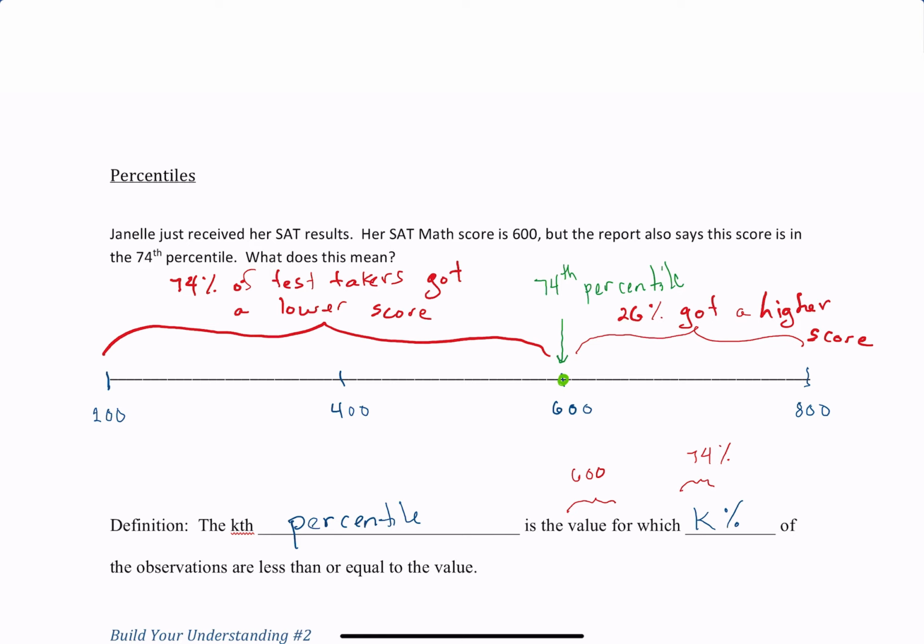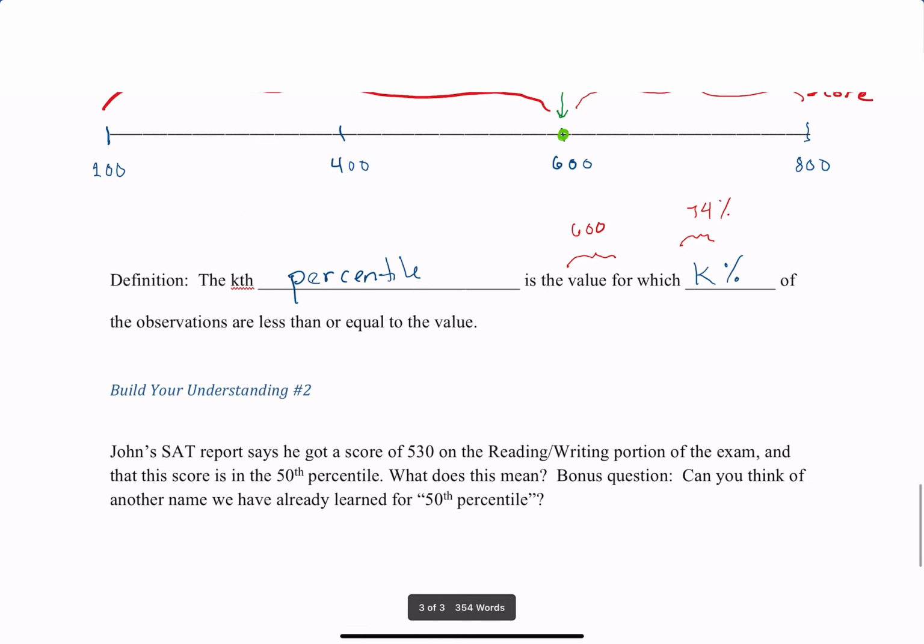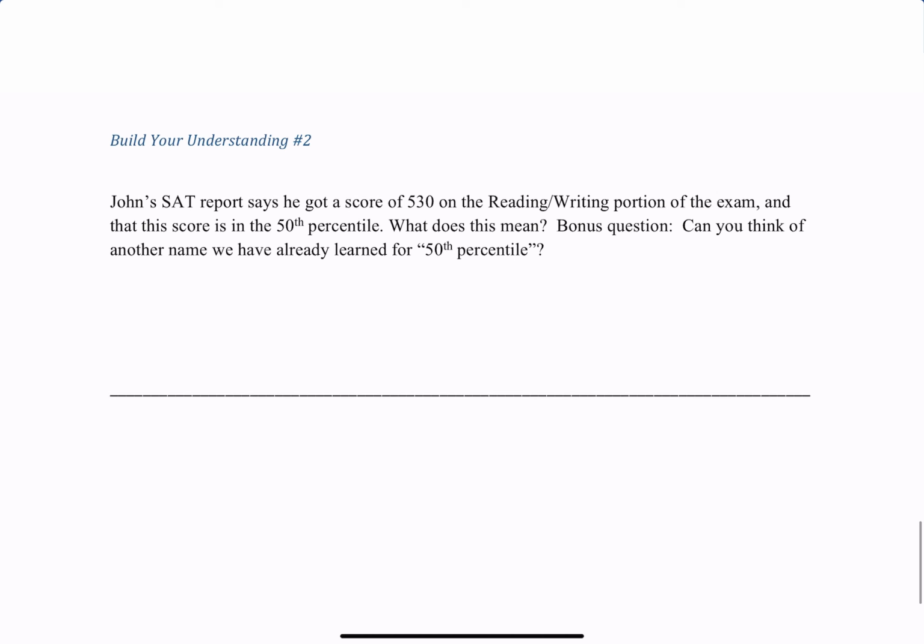Now, this video is so short that I'm not going to stop the video for you to do the build your understanding problem. So if you would, please pause the video and do the following build your understanding problem. It's another SAT question. John's SAT report says he got a score of 530 on the reading writing portion of the exam, and that his score is in the 50th percentile. What does this mean?